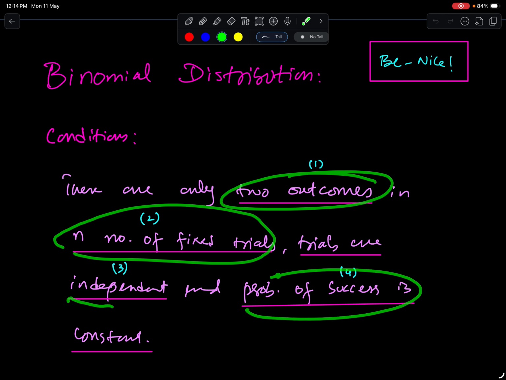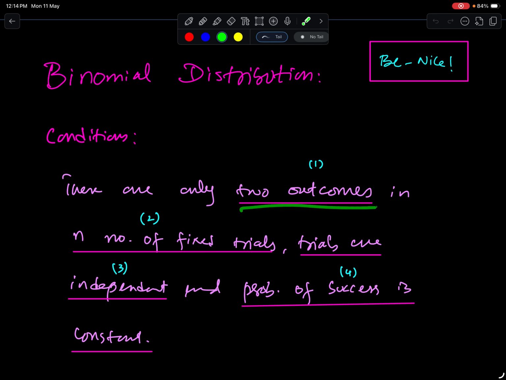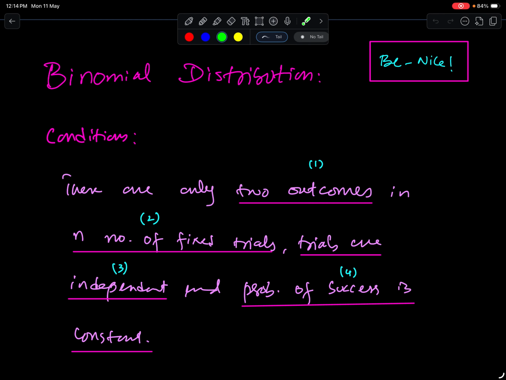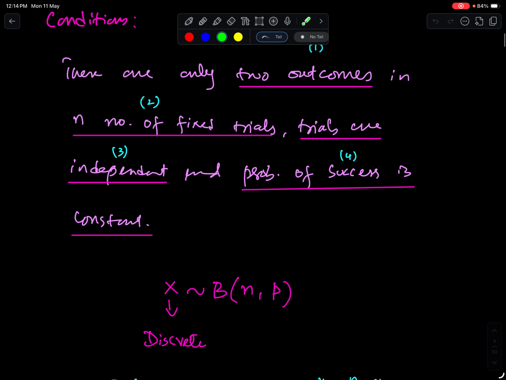Probability of success is constant and trials are independent. These are 4 conditions. 2 outcomes, fixed number of trials, independent trials, probability of success is constant. Whereas in geometric, there are only 2 outcomes. This is similar, common, but this one is different. In geometric, the trials can be infinite in number. This is the main difference between binomial and geometric.